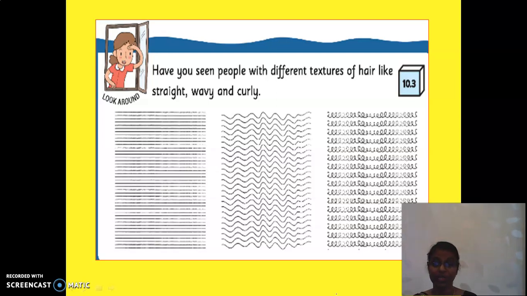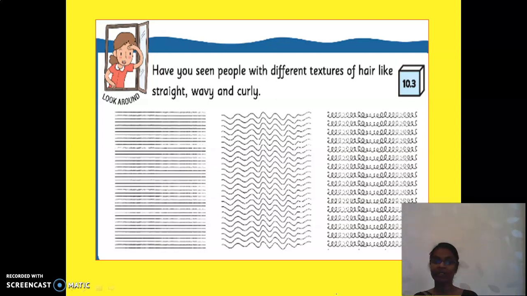Now look around. Now you are going to look around. You have to see what is happening around you. Have you seen people with different textures of hair, like straight, wavy and curly? Now you are going to identify the texture of your family members.